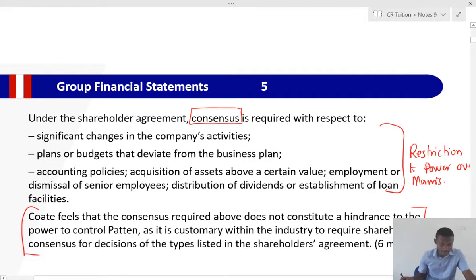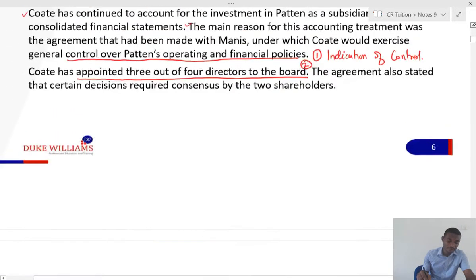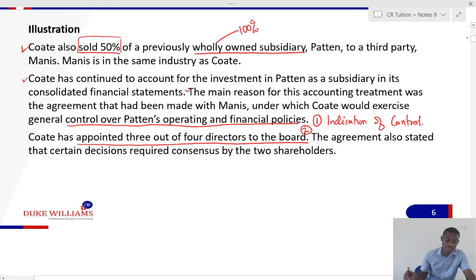Because if significant changes to the company's activity require consensus, deviating from the business plan requires consensus, that in itself is restricting the power that Court might have over the investee, Pattern. So because it's a discussion, the directors want to know whether they are right to treat Pattern as a subsidiary. So you have to lay out the consolidation principle. What is control? Control, three things have to be in place.